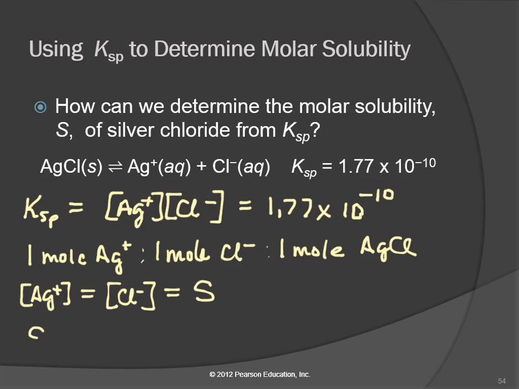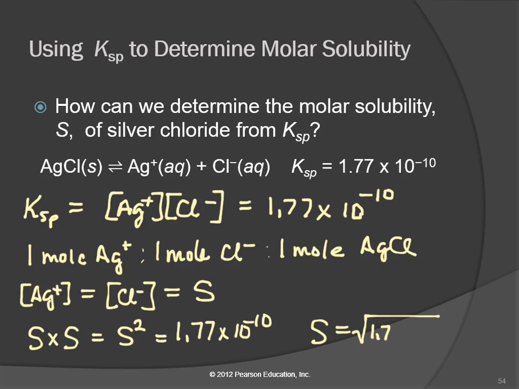So S times S, we normally call that S squared, right? S squared equals 1.77 times 10 to the minus 10. How do we find out what S is? Square root. So S equals the square root of 1.77 times 10 to the minus 10.